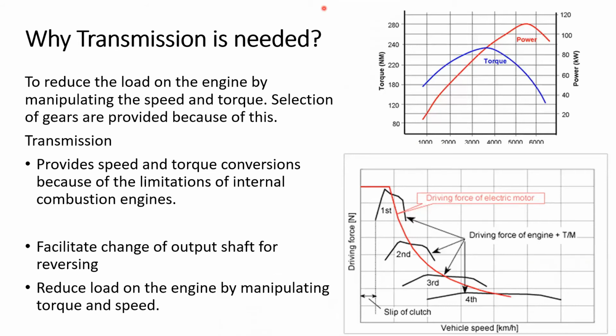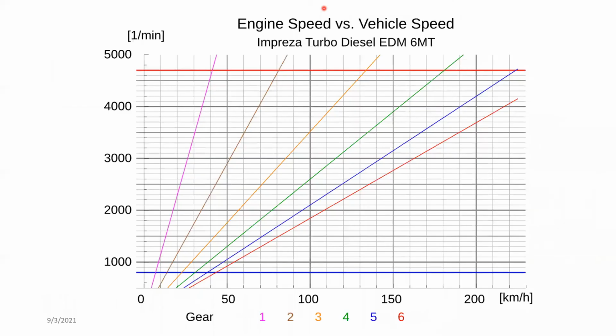So by changing the speed in this case, we also change the torque by reducing. Because we have different gears now, even though the engine is operating in the same RPM range, for each of the gears the maximum speed they can reach is different. This is for a Subaru Impreza turbo diesel.